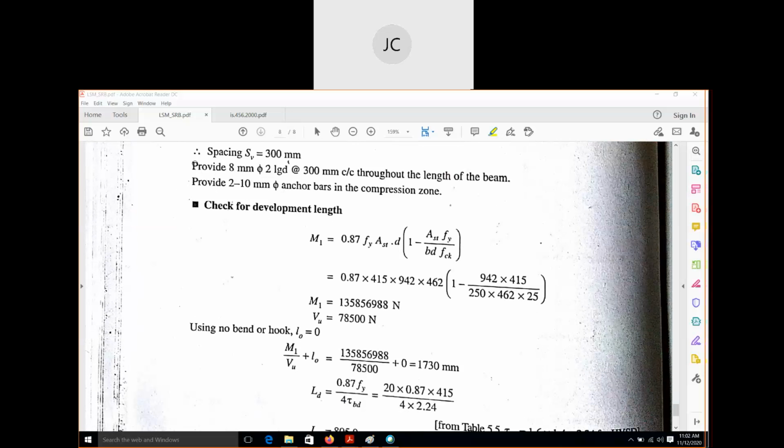You can see here, provide 8 mm 2 leg bars at the rate 300 mm center to center, and two bars as anchor bars in the compression zone. Okay, so any other doubt? Anyone have any other doubt?